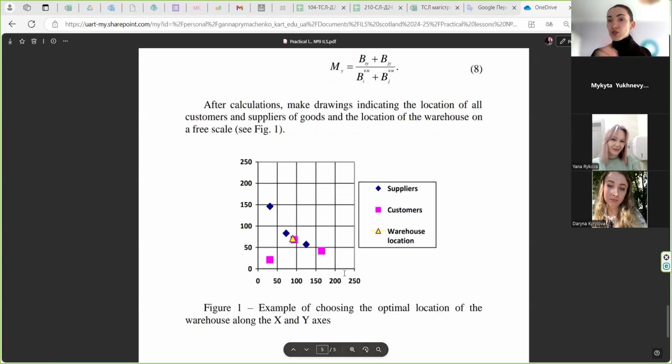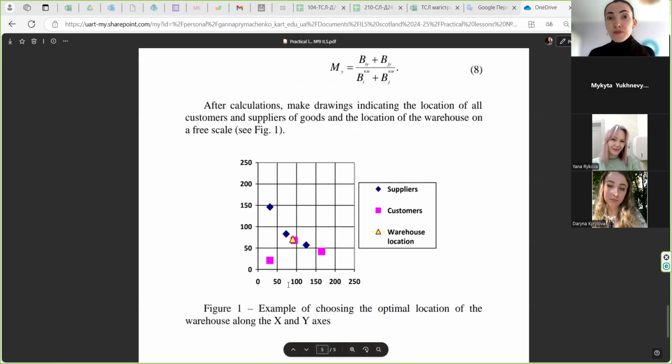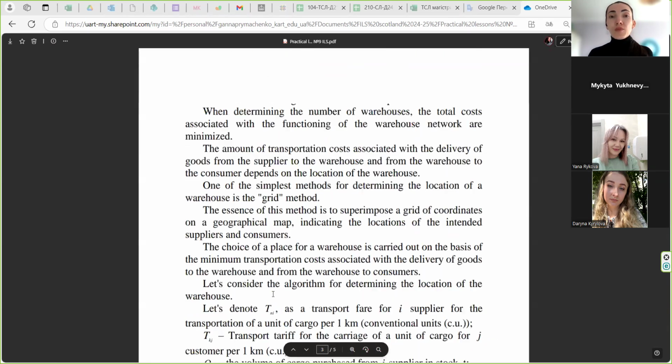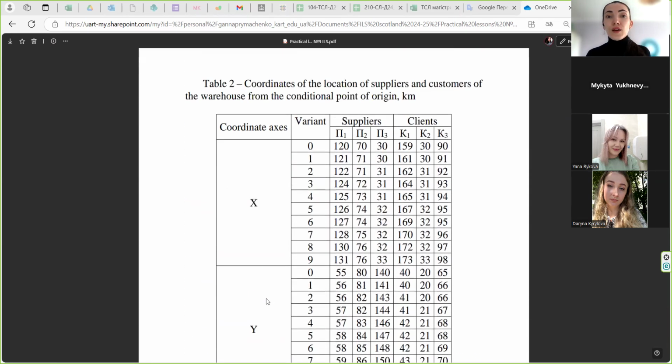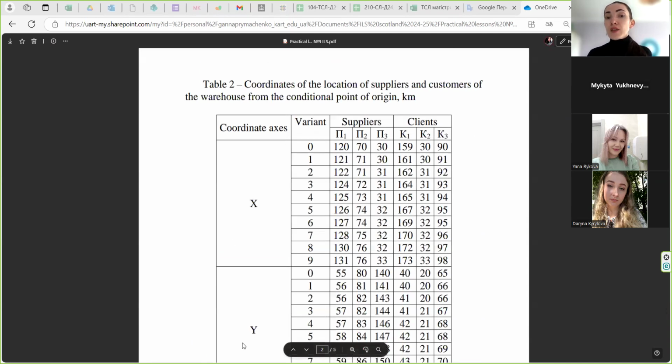We need to use only the positive parts of the graph by x. We have some coordinates. Maybe I need to show you the coordinate axes x and y. So we need to use only positive parameters of this coordinate system, by the y axis and the x axis, and we need to show how many kilometers we write here. It is very important.